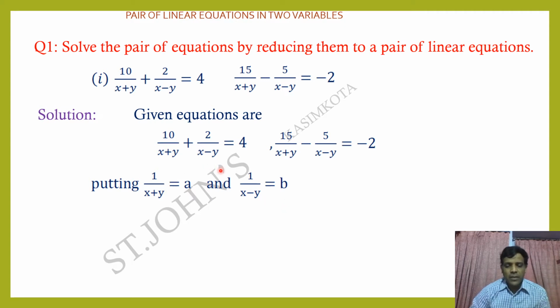Now coming to the first equation, 10 by x plus y plus 2 by x minus y equal to 4 is written as 10 into 1 by x plus y plus 2 into 1 by x minus y equal to 4. 15 by x plus y means 15 into 1 by x plus y minus 5 into 1 by x minus y equals minus 2. Are you clear?